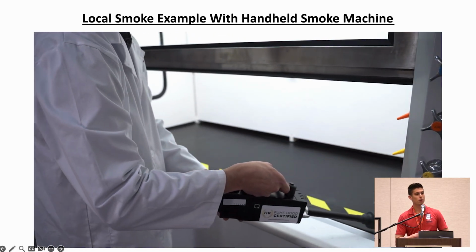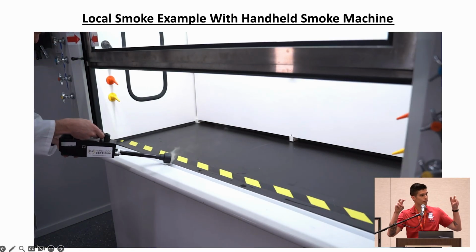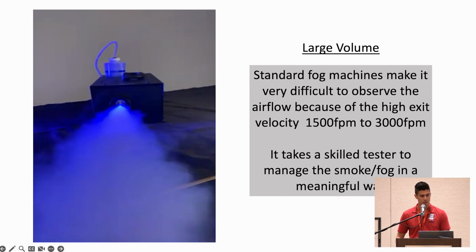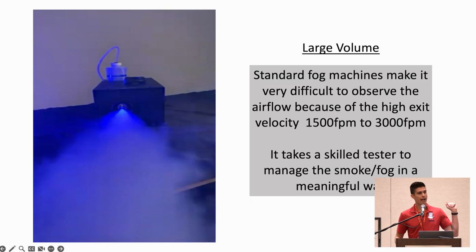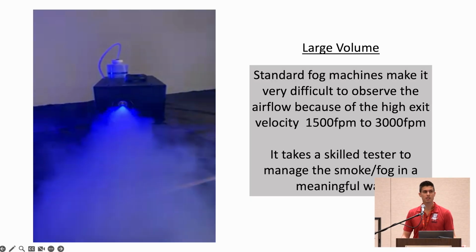Even those small smoke candles, those are small units, but typically that's actually large volume. Pull the smoke candle, because it produces a lot of smoke. And then, nextly, moving on to large volume, standard fog machines make it difficult. Why? Because it has a huge exit velocity. Like Victor calls them disco foggers.